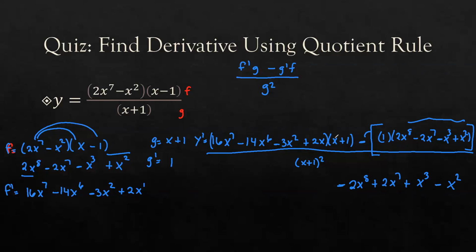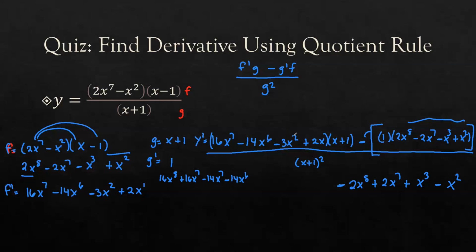So 16x^7 times x is 16x^8. 16x^7 times 1 is 16x^7. Minus 14x^6 times x is minus 14x^7. Negative 14x^6 times 1 is negative 14x^6.